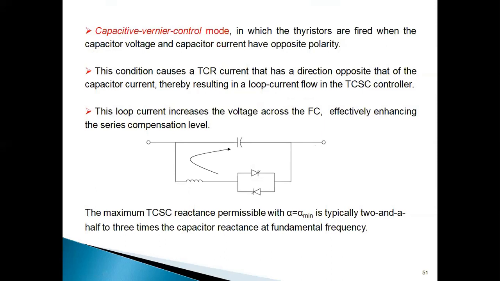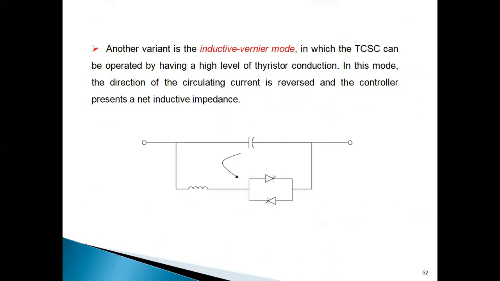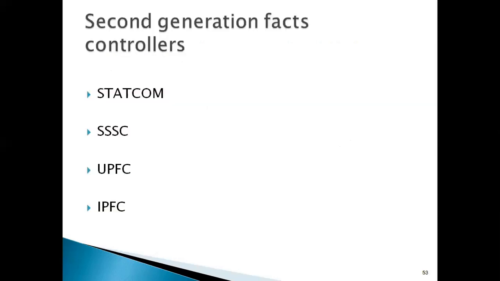See the next one. Now it is opposite. The current flows through the inductor, so it is reversed. That we call inductive Vernier mode. Here the TCSC is operated with a high level of thyristor conduction. The circulating current direction is reversed, and it presents a net inductive impedance.